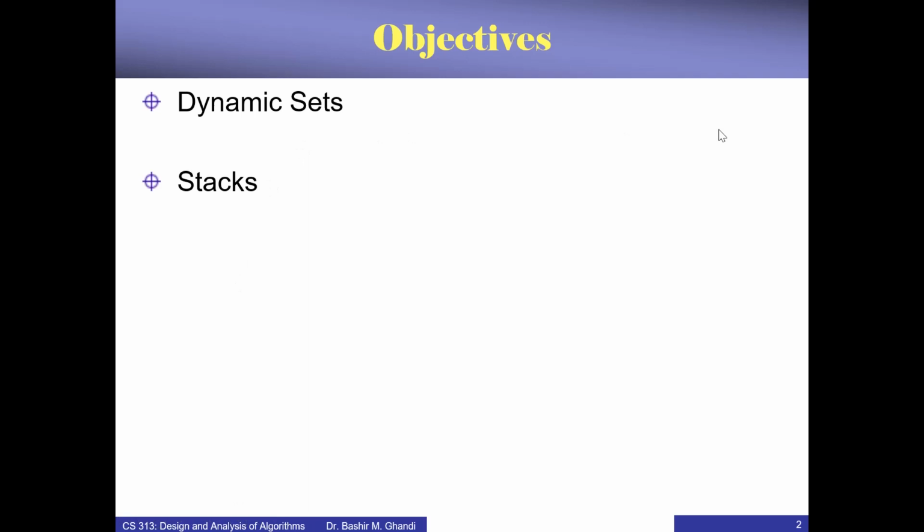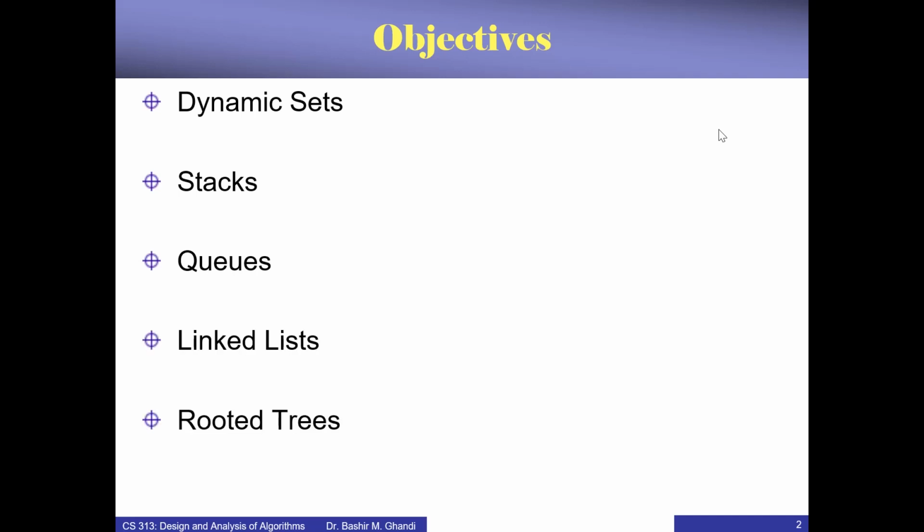And then we'll look at them individually. We start by looking at stacks, then queues, linked lists, and finally rooted trees. We shall explore trees, particularly binary search trees, in more detail in the next lecture. But here we just give a brief introduction to rooted trees generally.